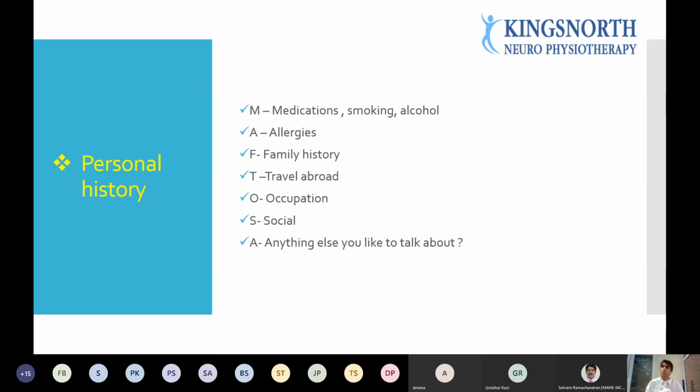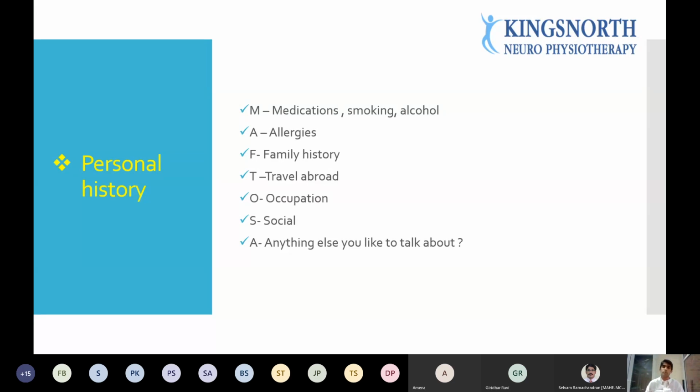So things like that. Social is about cultural issues, sometimes language, sometimes there are some soft issues around this you could pick up.